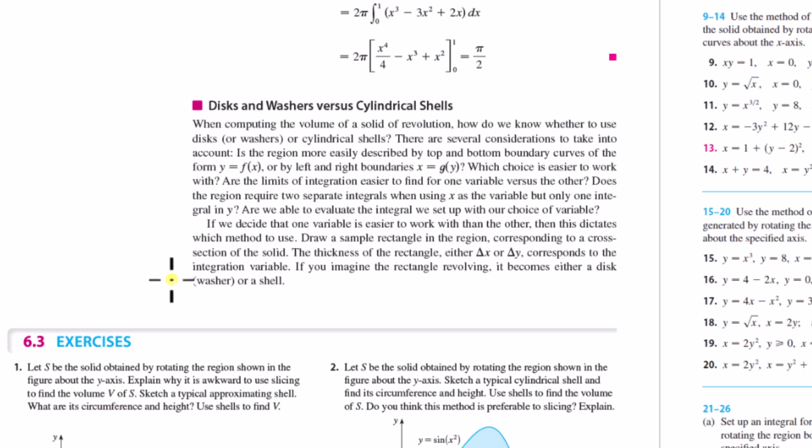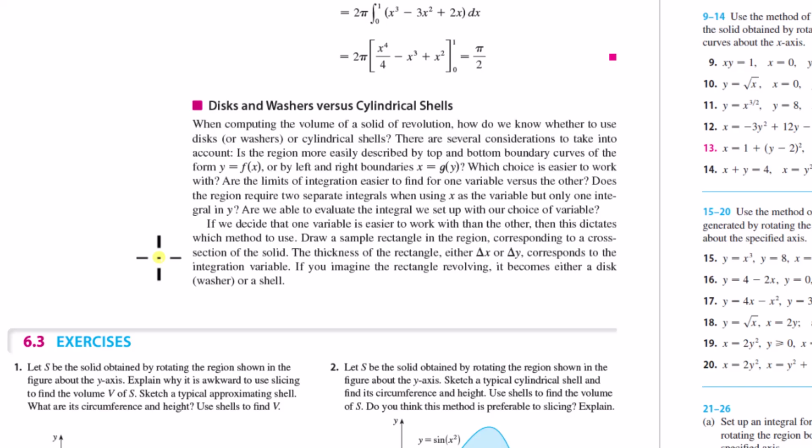You're just thinking about which is easier to set up. In both cases, for shells or disks or washers, you're going to have a rectangle in the plane before you've revolved. For both techniques, you're going to have a rectangle, right? It was always in the plane.